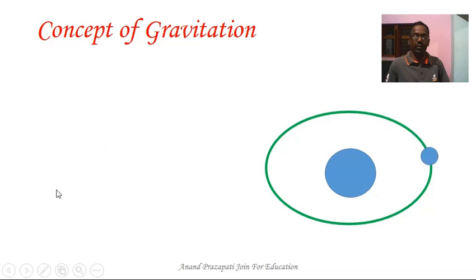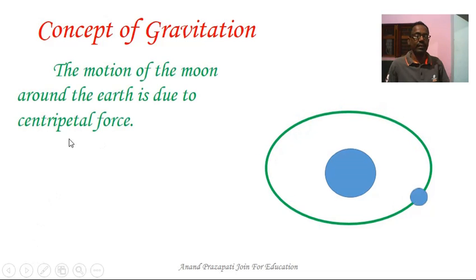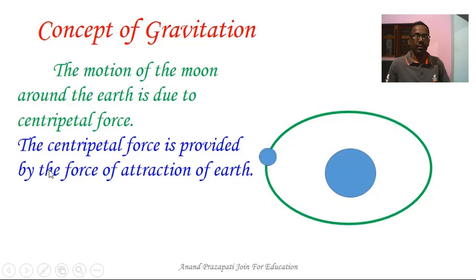Let's see the written statement. The motion of the moon around the earth is due to centripetal force. The centripetal force is provided by the force of attraction of the earth.